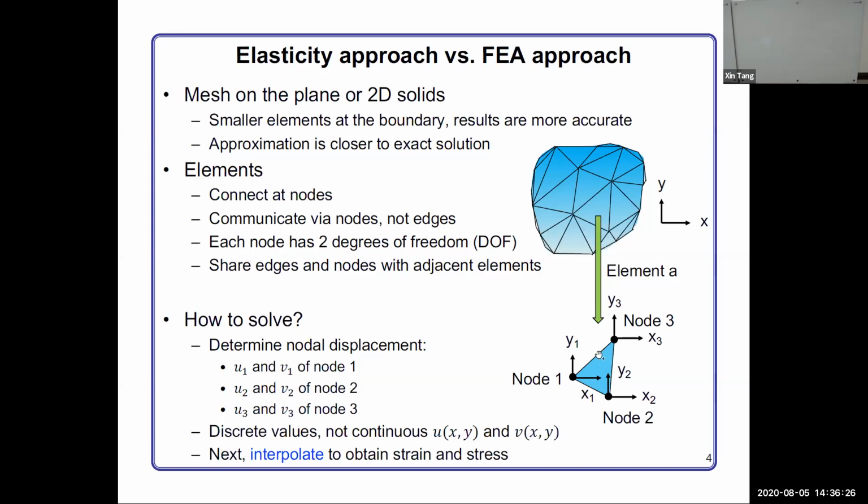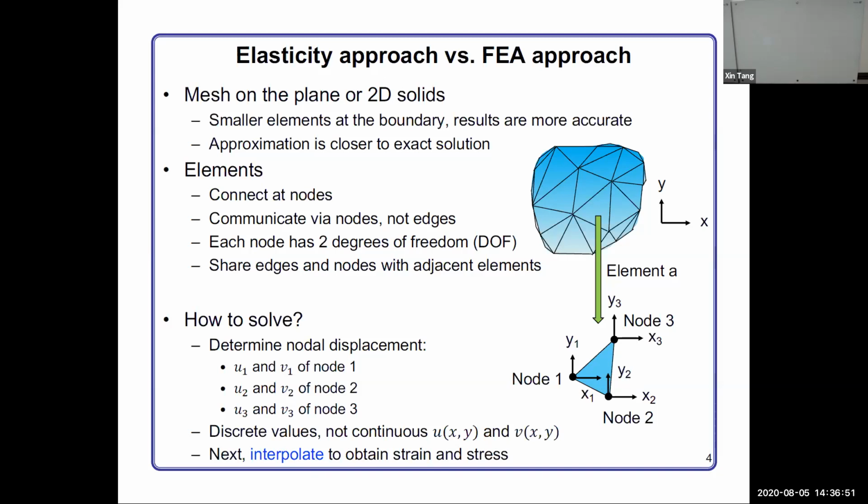Okay, so both methods have advantages and disadvantages. Finite element method is very general. Any material, any geometry, you can discretize it, and then by solving the node solution, you further do the interpolation to get a continuous solution throughout the body of the material.